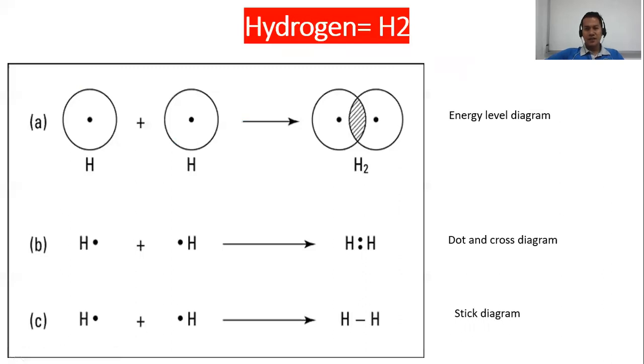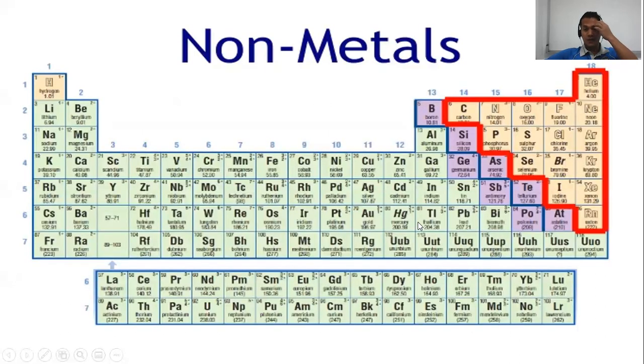In this video, let's take for example hydrogen. The chemical formula is H2, where the 2 is supposed to be a subscript. It doesn't matter. Hydrogen is in group 1, right? Let's go back to the periodic table. Hydrogen is right here.